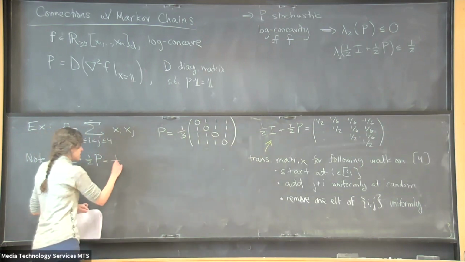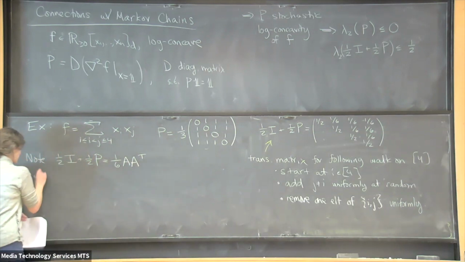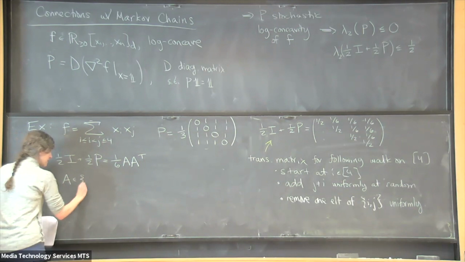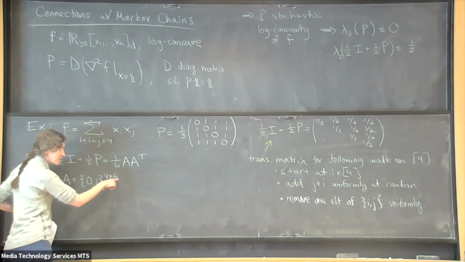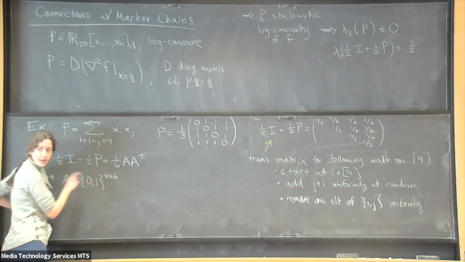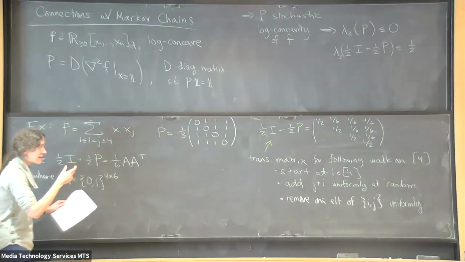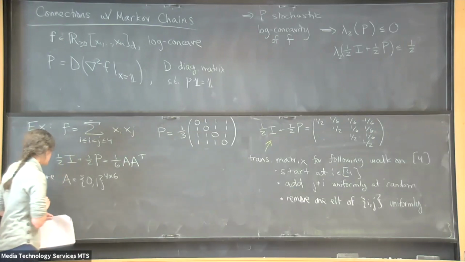I can write this as 1/6 A transpose A, where A is a 4 by 6, 4 choose 1 by 4 choose 2, matrix filled with 0s and 1s. And it's exactly the adjacency matrix, the matrix that indexes containment.